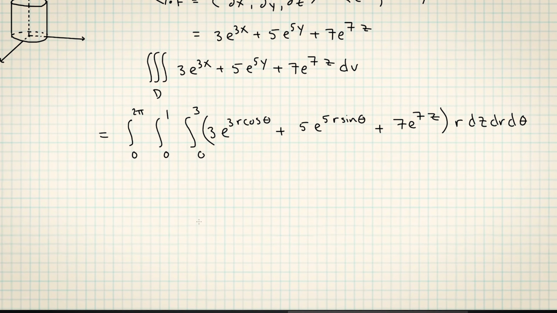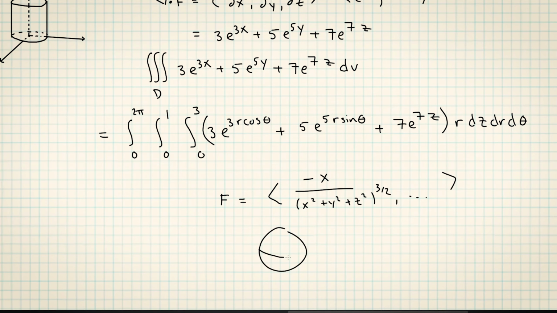The one other thing that I want to point out is that it's really tempting, and I confess that I'm guilty of this as well, to try to use the divergence theorem when you have a function that's something like negative x over x squared plus y squared plus z squared to the 3/2 power, and then to integrate this over a sphere centered at the origin.